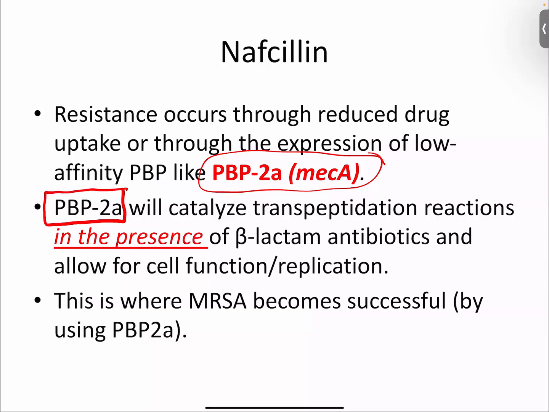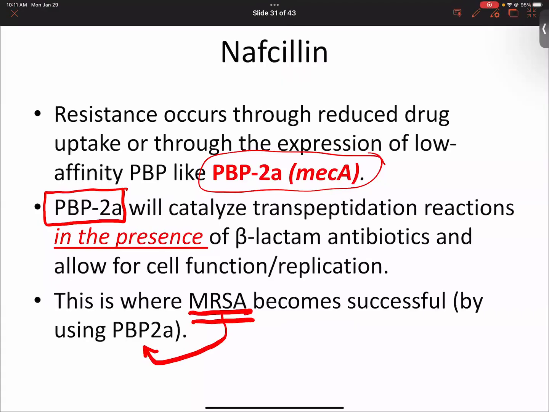This is a variant transpeptidase enzyme that has the capacity to synthesize peptidoglycan despite the presence of beta-lactams. Okay. So organisms like MRSA that express this particular enzyme are successful.